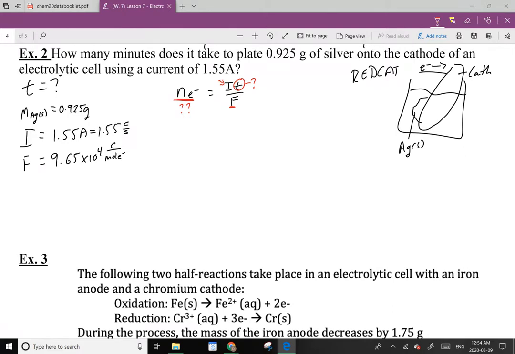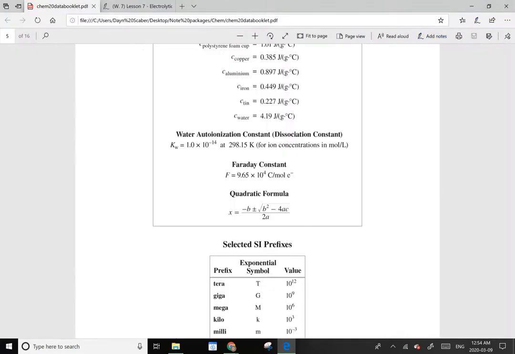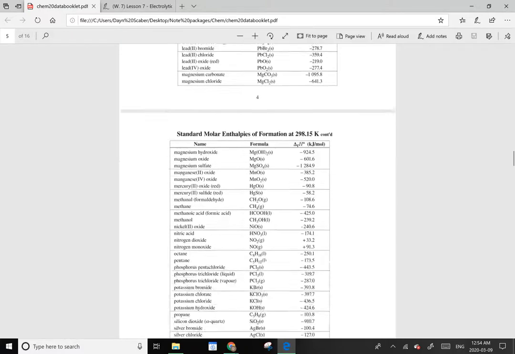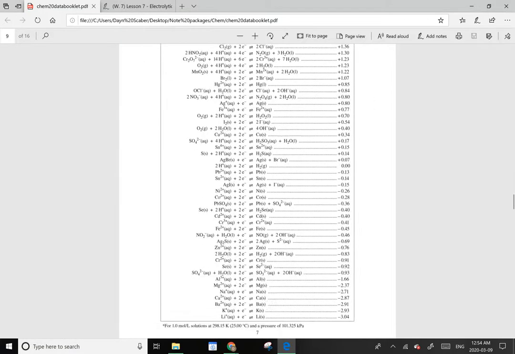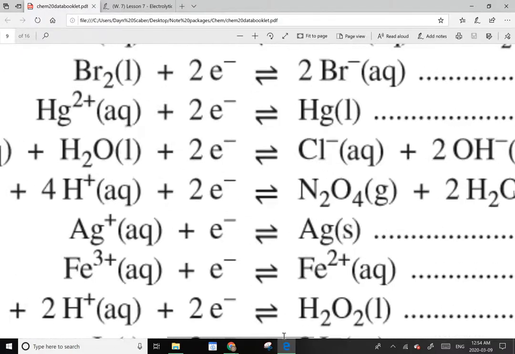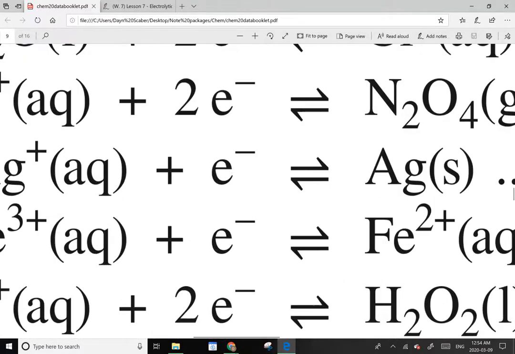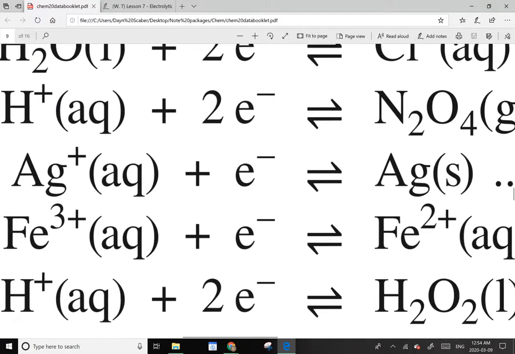We can find this because we have the mass of silver being plated. We know there's a relationship between the electrons and the amount of silver being plated, and we're going to find that relationship going to our redox table. Okay, so let's find Ag solid. So right there, we have a half reaction.